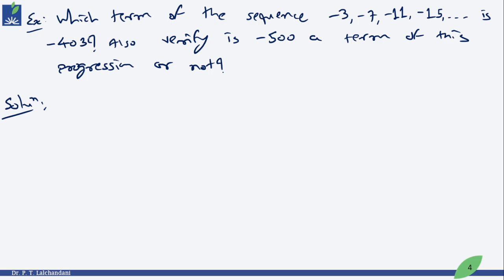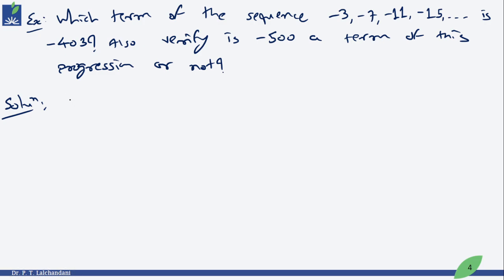That means we have to find the value of small n for which an is equal to -403. Then we have to verify whether -500 is a term of this progression or not. So two questions are there in this example. Let us see the solution.